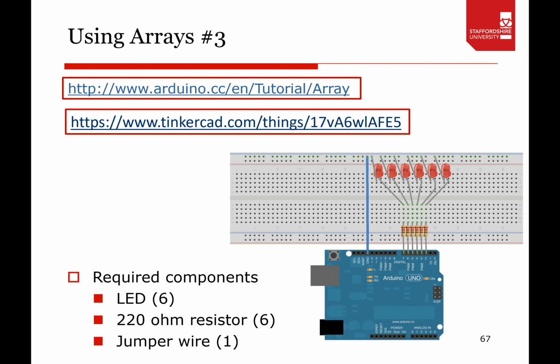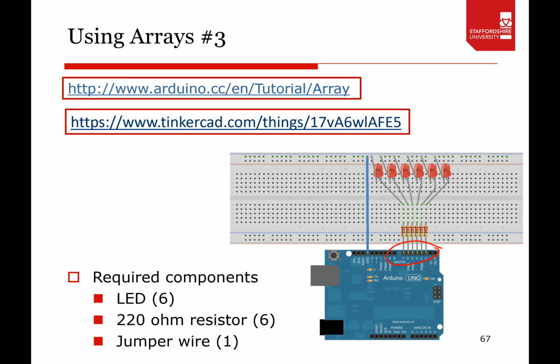Here we have a tutorial with arrays. You'll notice it is exactly the same wiring diagram as the previous example, so we use pins 2 to 7 again.